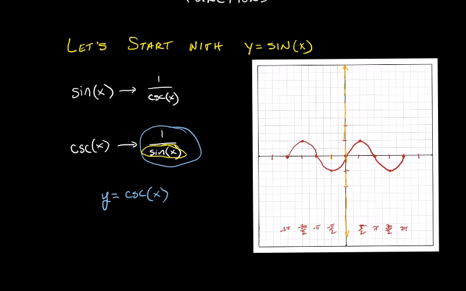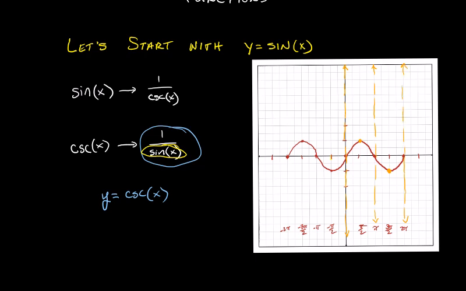Now if I go to pi halves, 1 is the y value. I do the reciprocal, the y value is still 1. Now I go to pi, 0, we just talked about it, the reciprocal of 0 is undefined, so now I get another asymptote. The reciprocal of negative 1 is negative 1, so here's another point there. And the reciprocal of 0, once again, obviously is an asymptote. It's undefined.